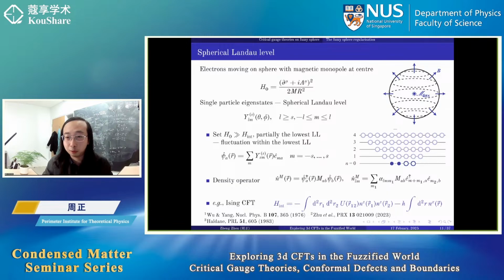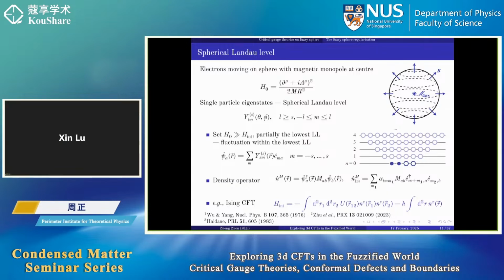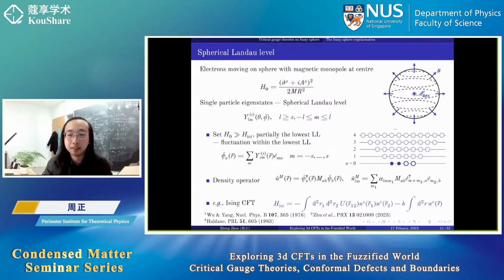Typically we don't deal with those conditions. We just assume that the single particle gap is infinite, so that the electrons cannot hop from the lowest Landau level to the higher Landau levels.